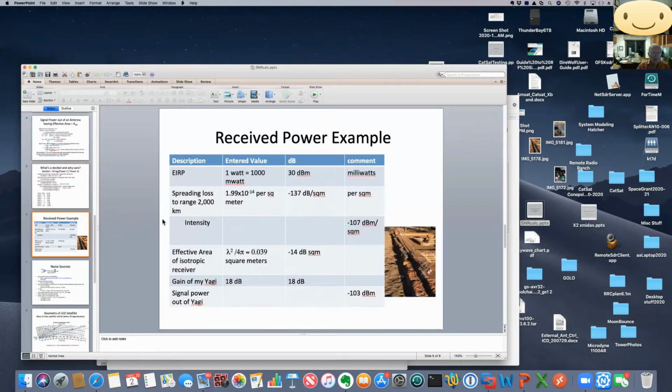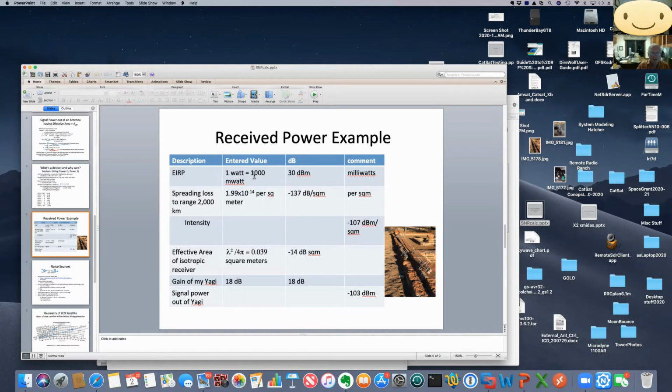So if I start off with this effective radiated power, that's the power of the transmitter times the gain of the antenna. And we said 1 watt for a CubeSat is pretty typical, which somebody might also say is 1,000 milliwatts. So a milliwatt is a 1,000th of a watt.